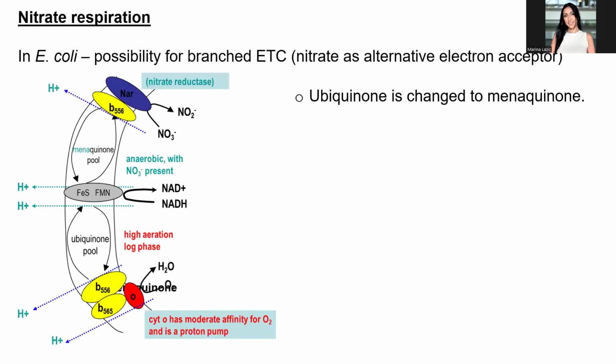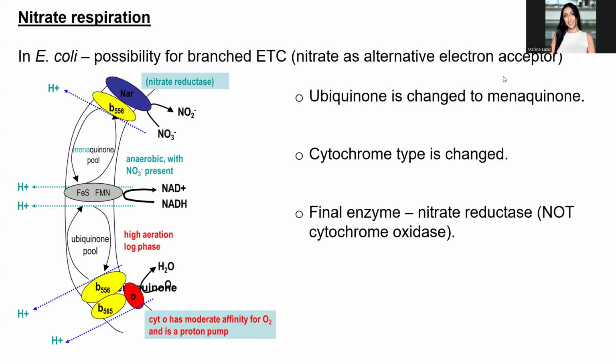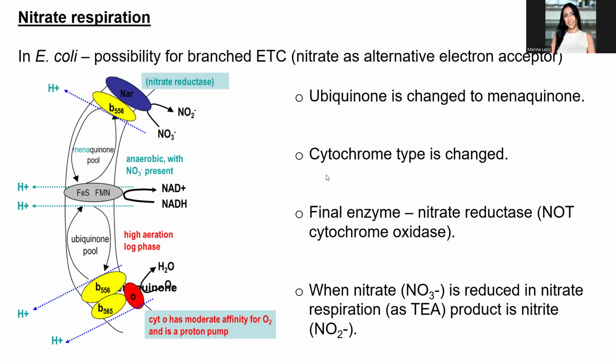So again, instead of oxygen at the end of the electron transport chain, there is NO3 minus. And there is no ubiquinone, there is menaquinone, and there is a different cytochrome type. And the final enzyme is not an oxidase, it's a nitrate reductase, and there is much less proton motive force formed. And the product of nitrate respiration is nitrite.